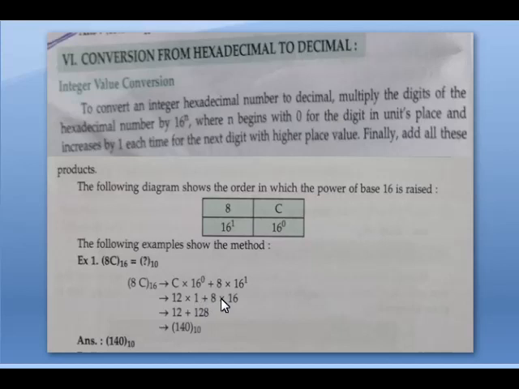Plus 8 into 16, so 12 plus 128. When we sum up these two numbers, we will get 140 to the base 10. When we are converting numbers, we must write the base. So 8C to the base 16 means 140 to the base 10.